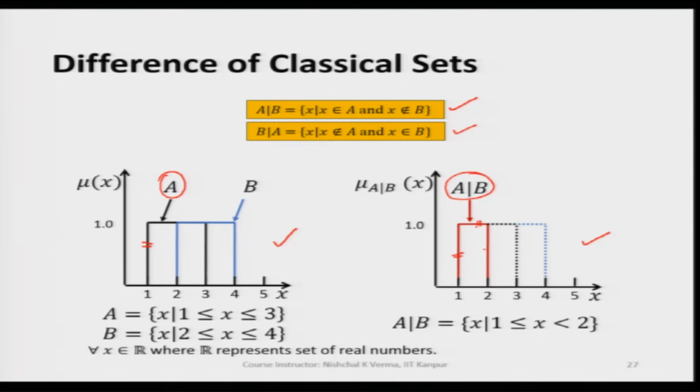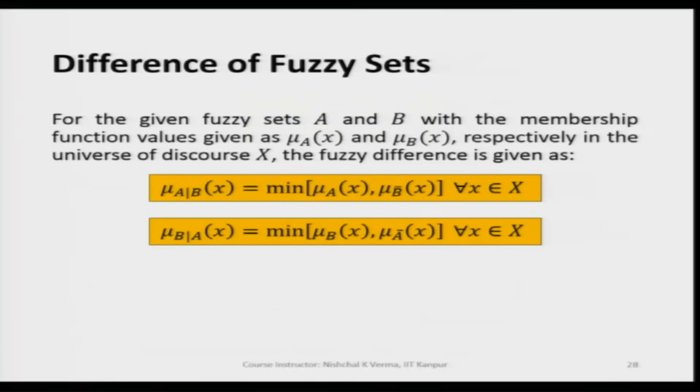This way we get the difference of A and B, and these sets are the classical sets.